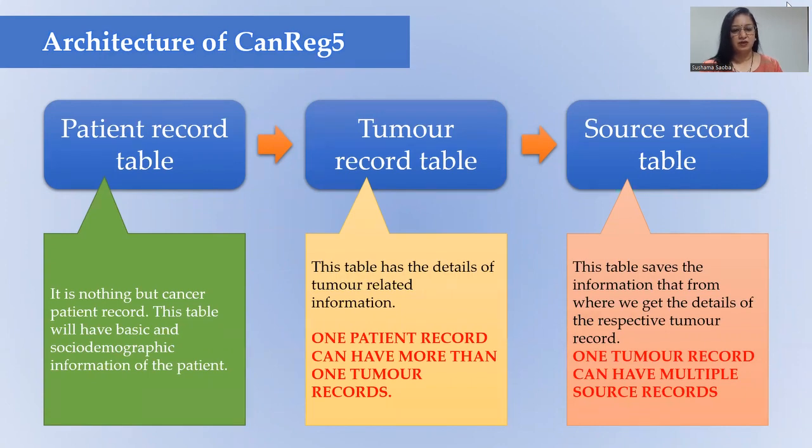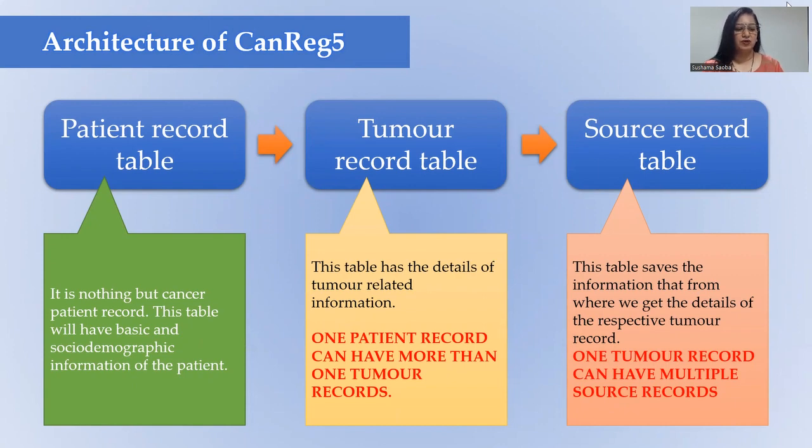That is maybe the name of the patient, the age, or the date of birth, his address, various maybe comorbid conditions if the registry is collecting them, and so on. We also have contact details as well as unique IDs which are present for the patient.